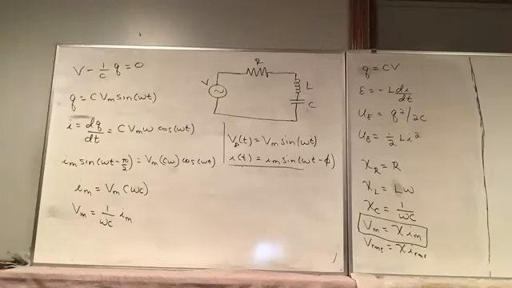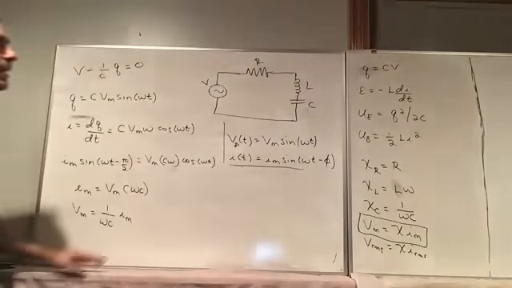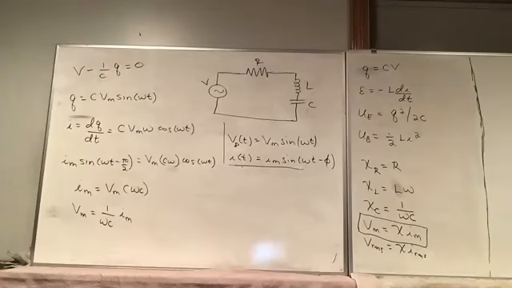And we want to look at this entire circuit. We want to solve this circuit where we ignore the transients, and after a short time, it'll settle into a nice sinusoidal function, but there will be this phase shift between the power supply and the current that it is driving.